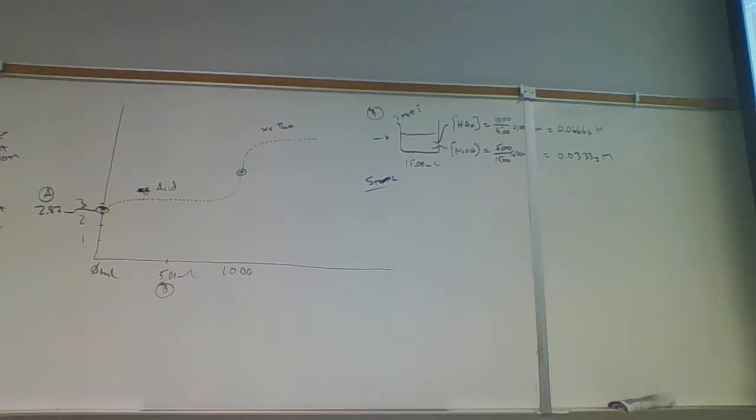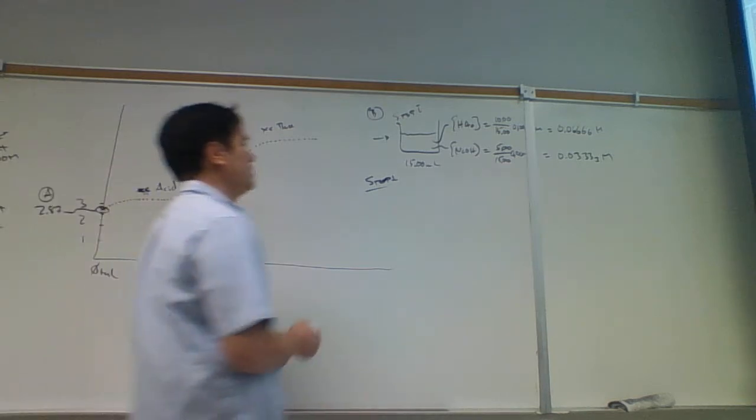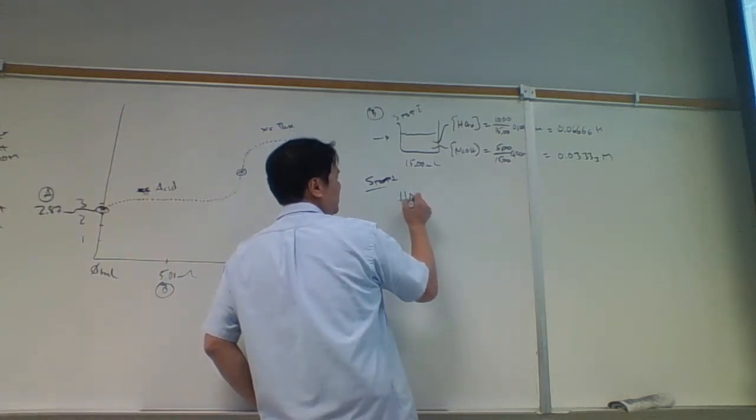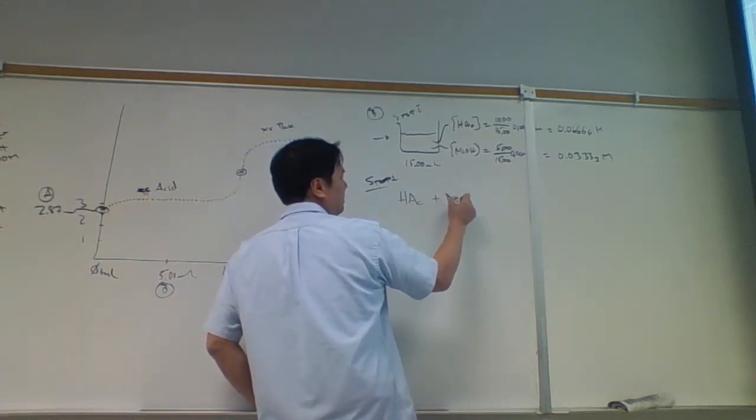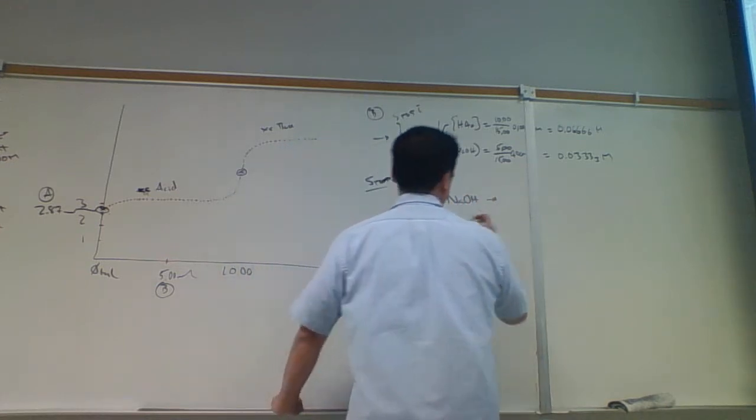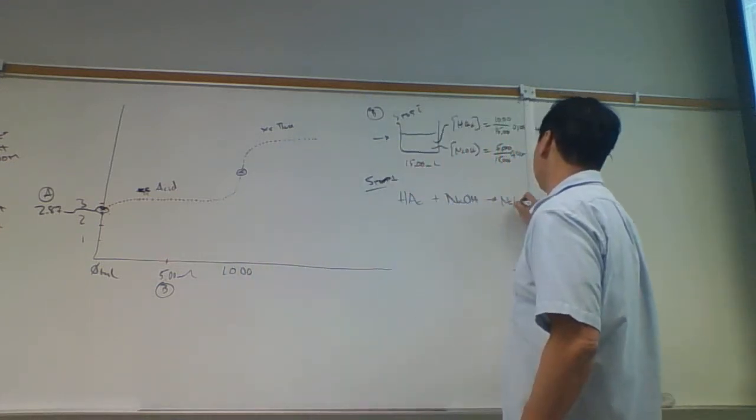Step 1 would be the strongest acid plus the strongest base. What's the strongest acid present? The strongest acid present is going to be acetic acid. The strongest base present is sodium hydroxide. So acetic acid plus sodium hydroxide is going to make sodium acetate and water.